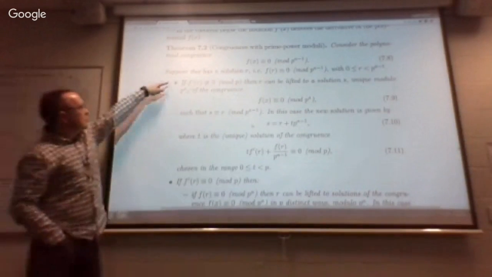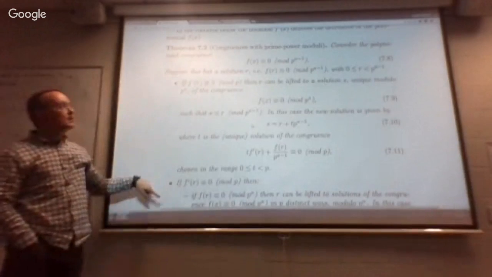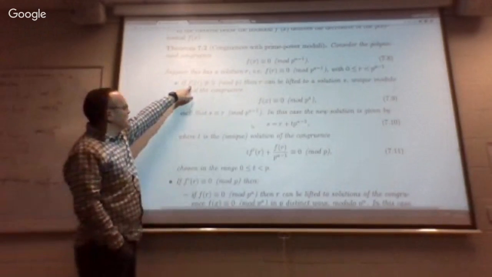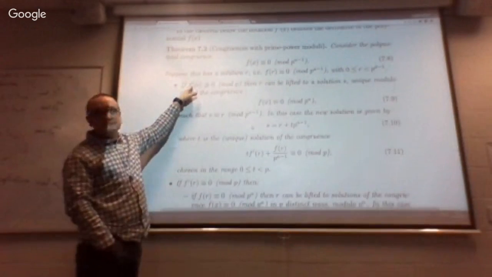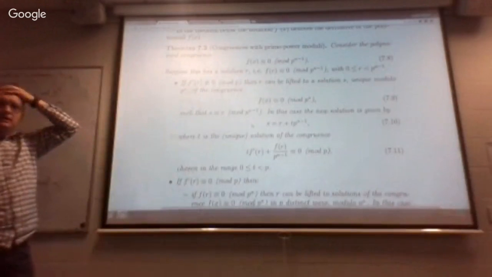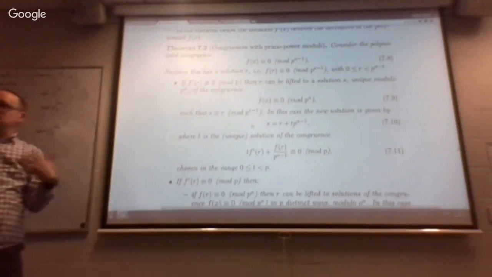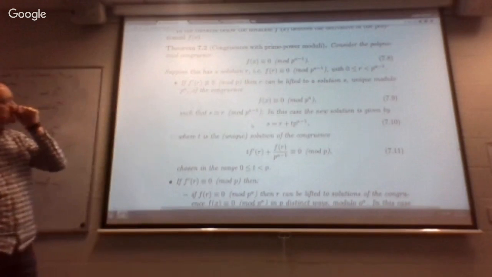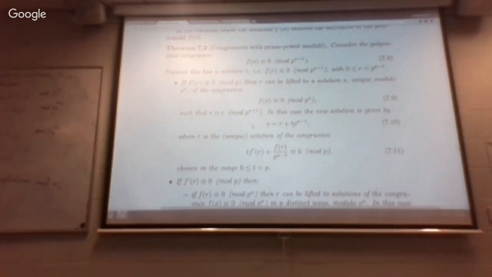And for the first bullet point, there are two cases that you follow. We look at f dash, the derivative of the polynomial. It's a little strange to see a derivative cropping up here, because a derivative is something you normally associate with calculus and analysis, so to see it popping up in this kind of discrete number theory is a little bit surprising.